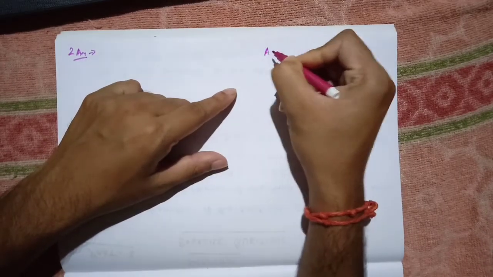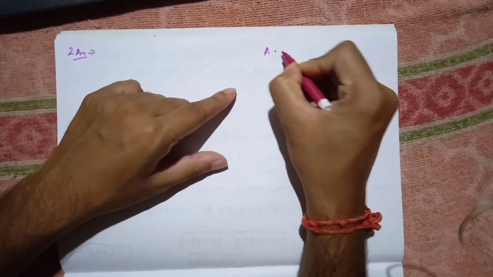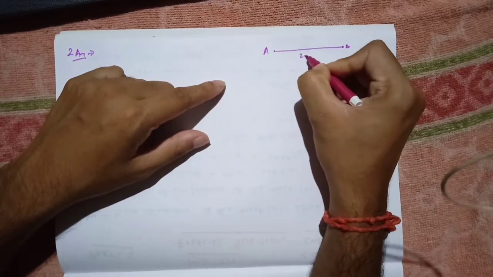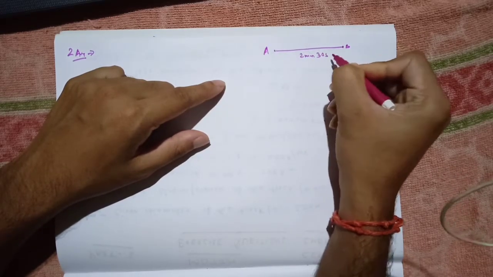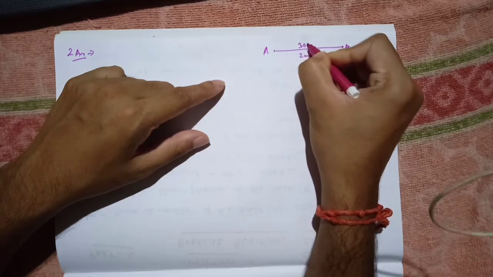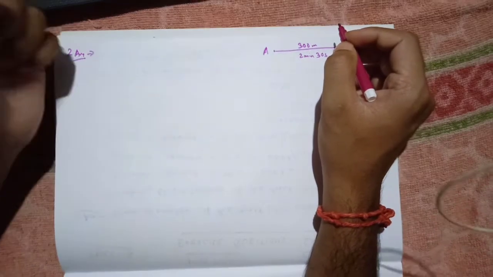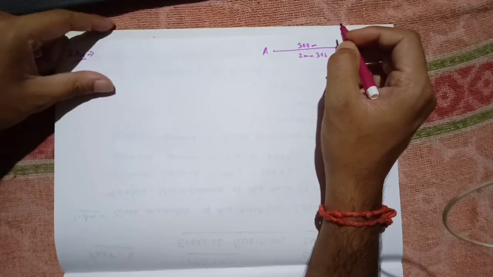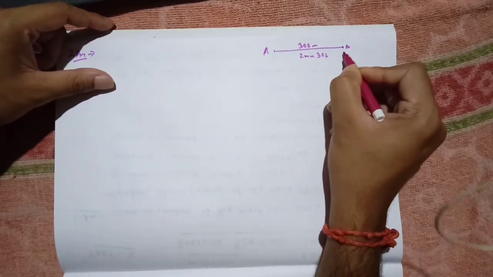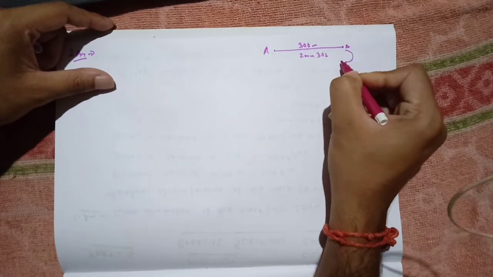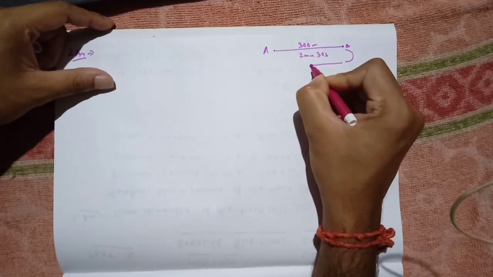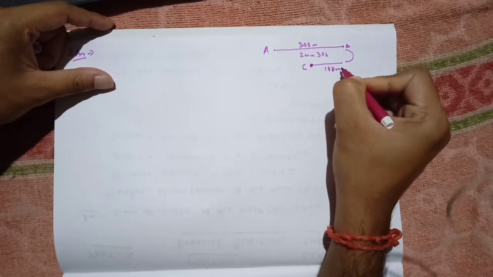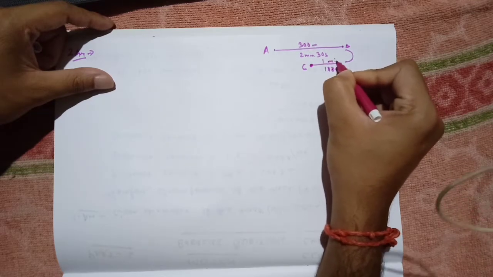So Joseph jogs from point A to point B in 2 minutes and 30 seconds, which is 300 meter distance, and then turns around and jogs back 100 meter to point C, and 1 more minute is added.